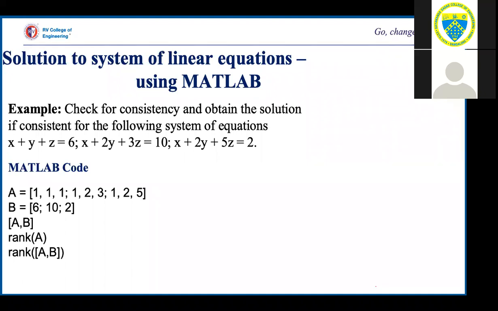Then we can give the command linsolve A comma B. The last command I had shown in the previous slide was linsolve A comma B. It solves the system of linear equations with A as the coefficient matrix, B as the RHS.